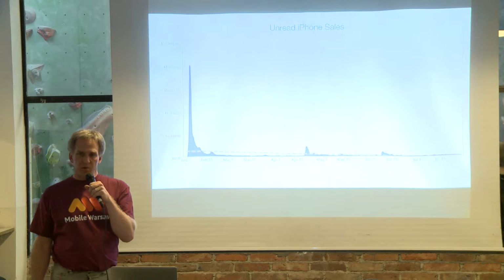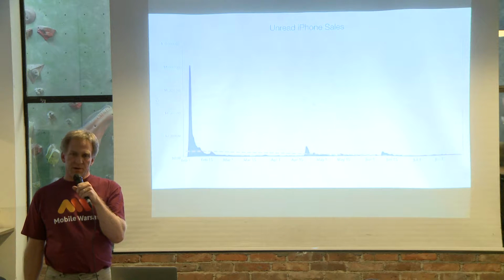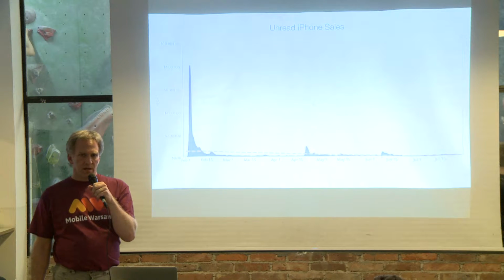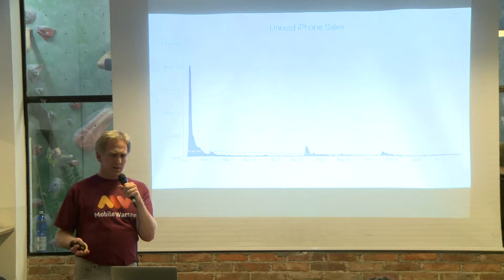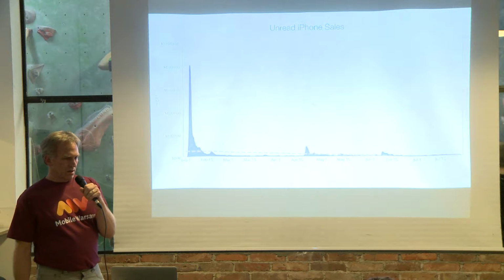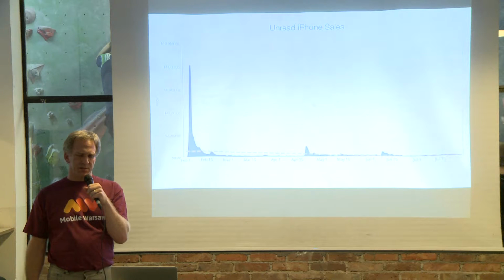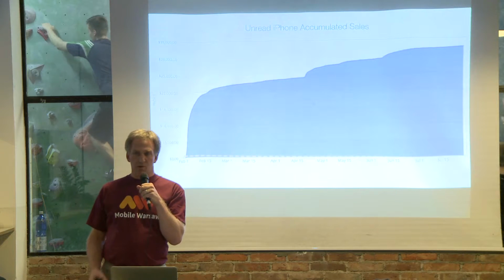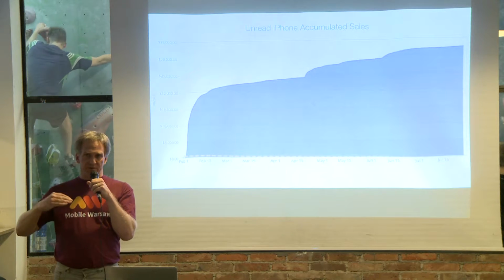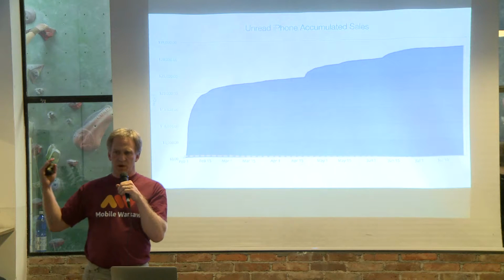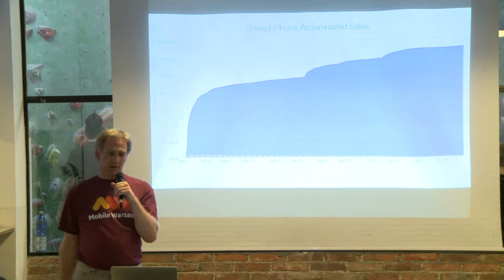This is Unread, which is an RSS feed reader made by Jared Sinclair, and this is just for the iPhone sales, but I think it shows pretty much how sales go for apps. And then he also posted a different graph, which is this one, which is the cumulative revenue of the same thing, iPhone sales for Unread.